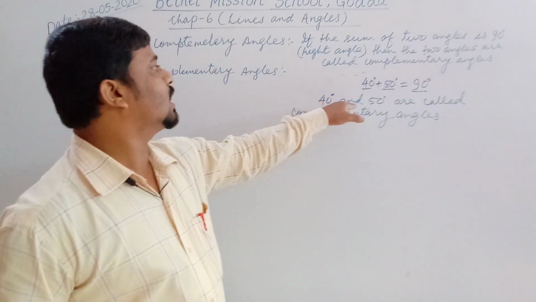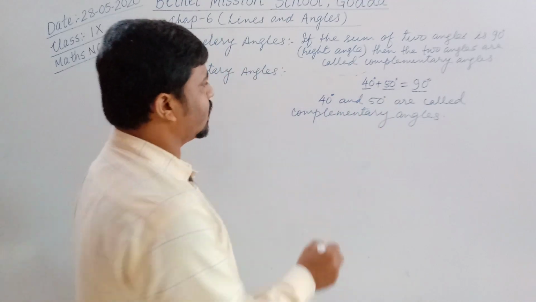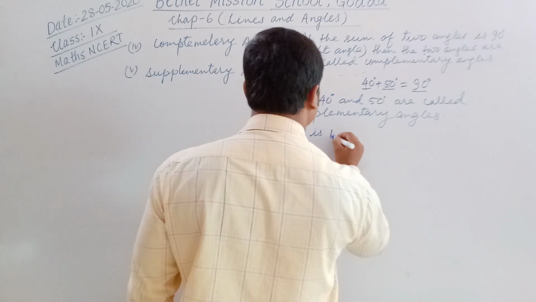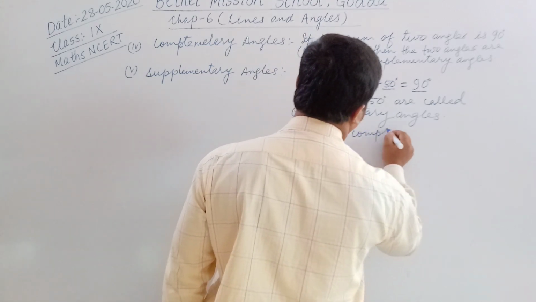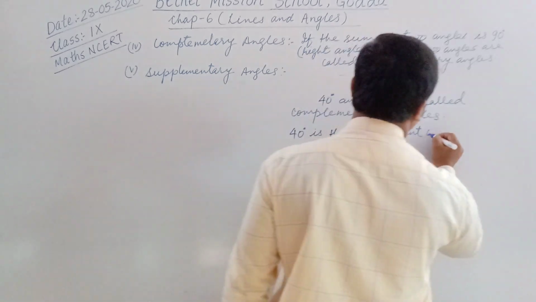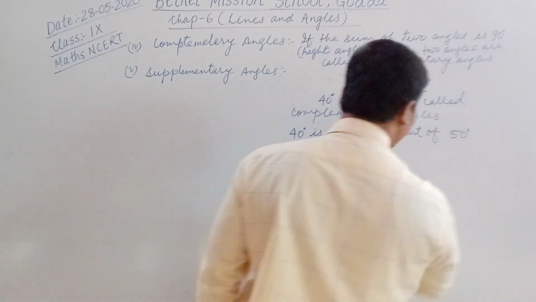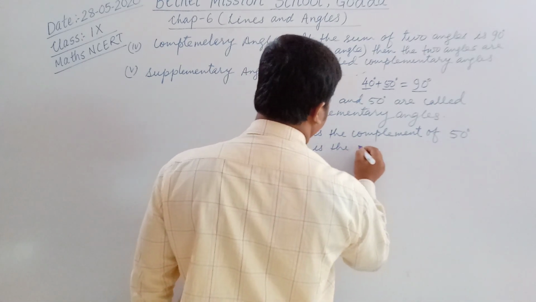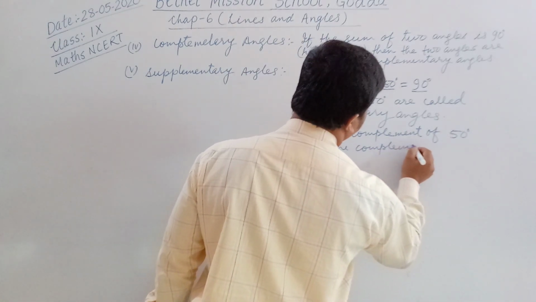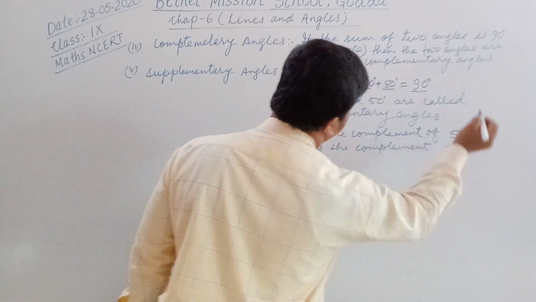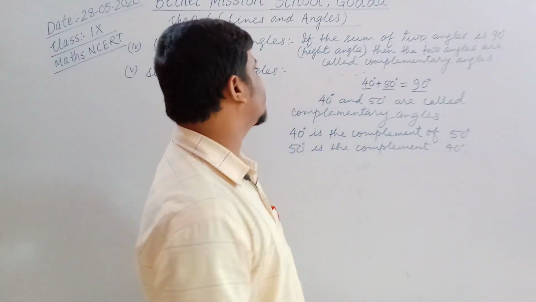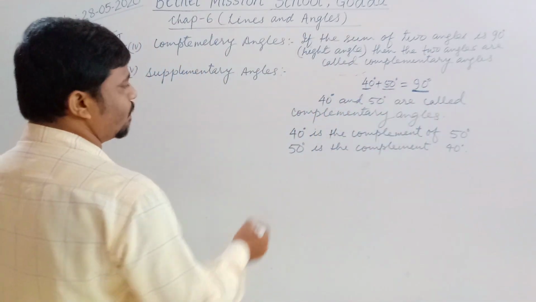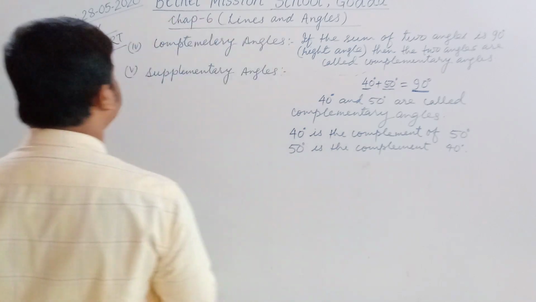We will say 40 degree is the complement of 50 degree and 50 degree is the complement of 40 degree. Both are complements to each other because both make a right angle.